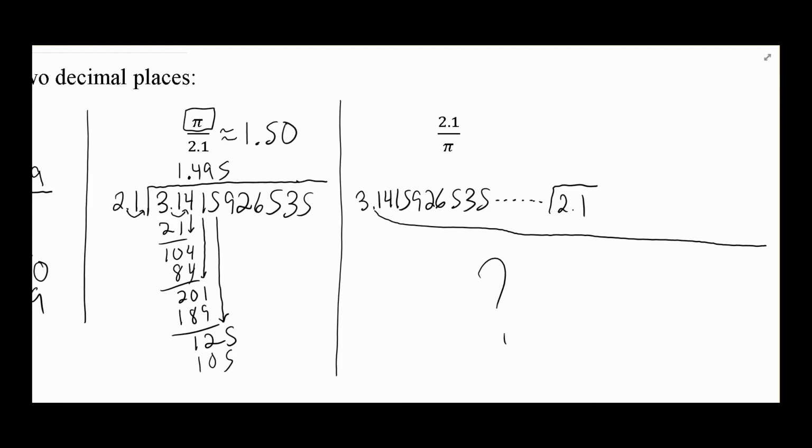So the moral of the story is an irrational number in the bottom is a bad thing. I can't get a good approximation of this if I have an irrational number in the bottom. So that's the motivation behind what we're going to do, because what we're actually going to do is not called dividing radicals. What we're going to do is actually called rationalizing the denominator.